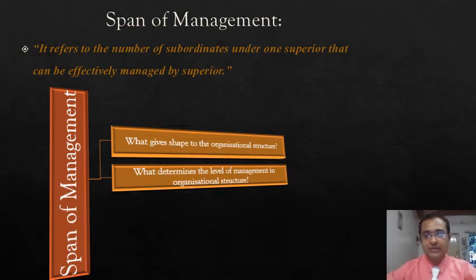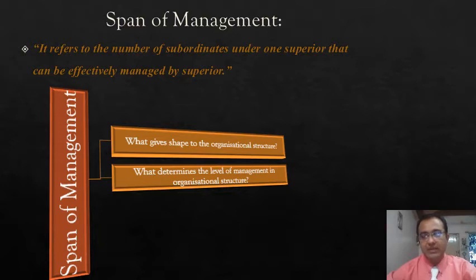How? Let's understand that in any organization, if there are 10 subordinates which can be effectively managed by a manager, then there would be only two levels of management, manager and workers. But if there are 30 subordinates, then a manager can manage only 10, so there would be a need of 3 managers, so the level of management will increase.